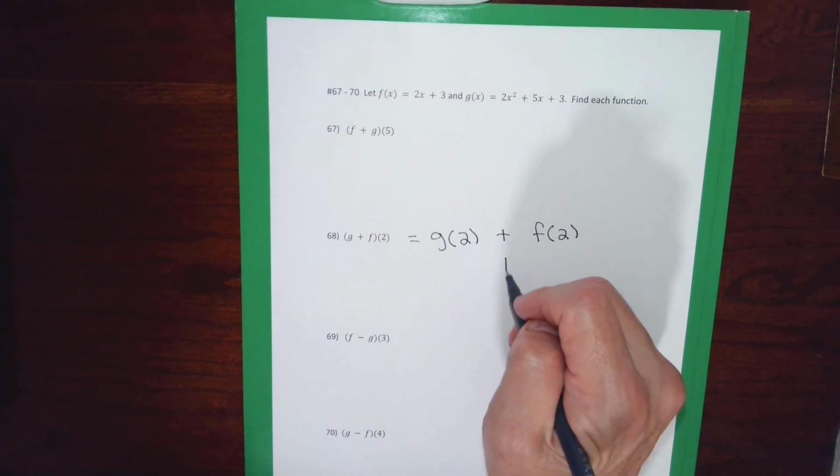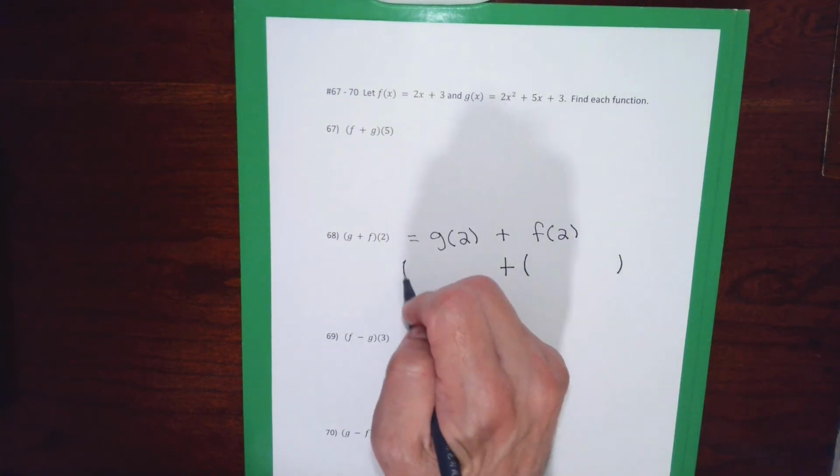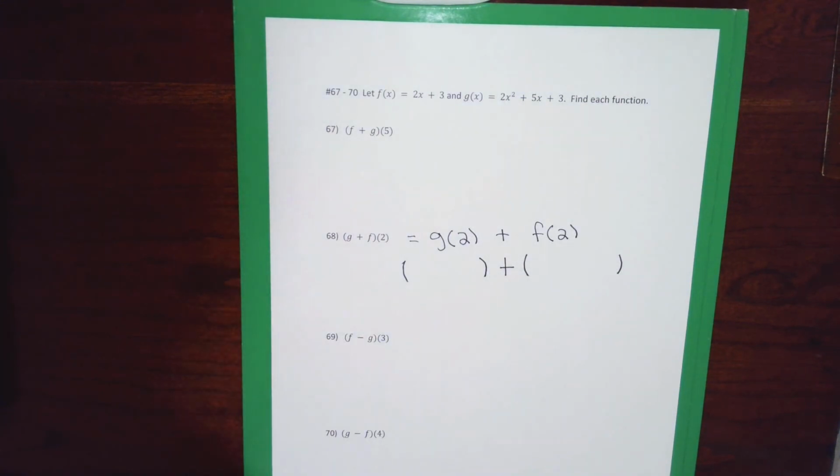I'm going to put the plus sign down. I'm going to create parentheses on either side of that plus sign. The strange thing about this is inside the parentheses, I'm not going to plug in the function with the variable.